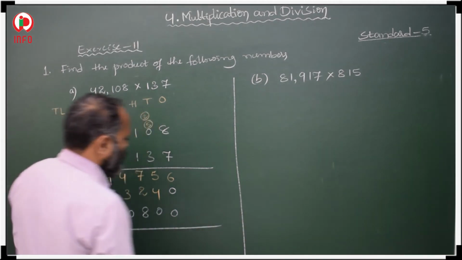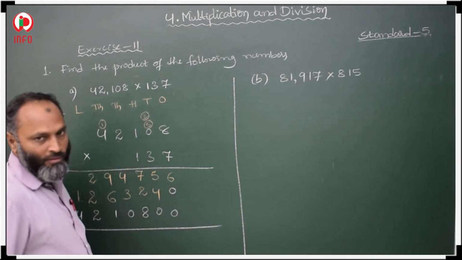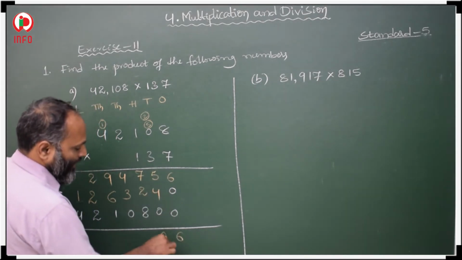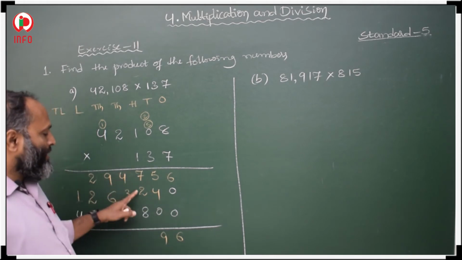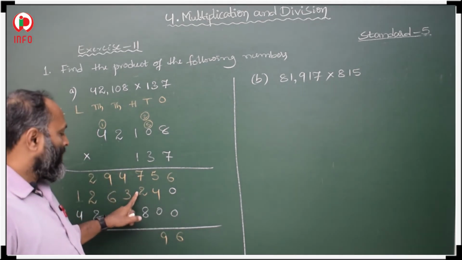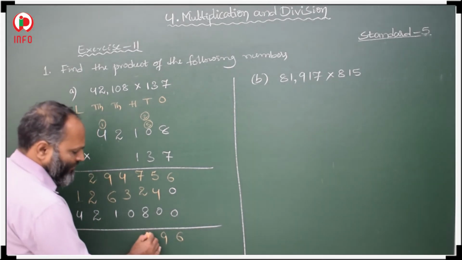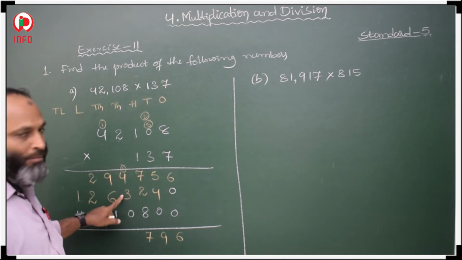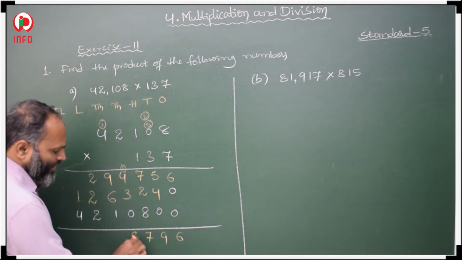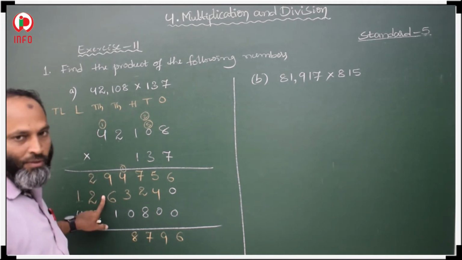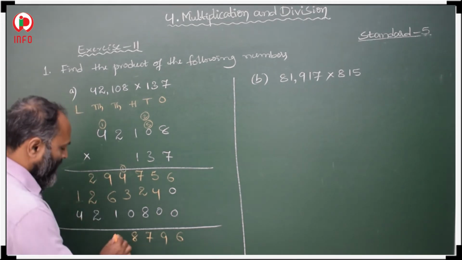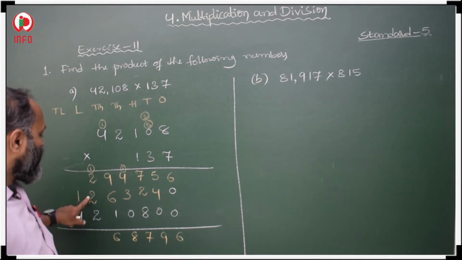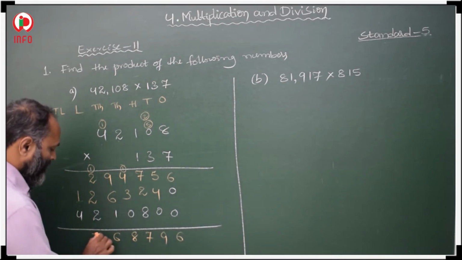Now add. 6 plus 0, 6, 6 plus 0, 6. 5 plus 4, 9, 9 plus 0, 9. 7 plus 2, 9. 9 plus 8, 17. 7 and 1. 4 plus 1, 5. 5 plus 3, 8. 8 plus 0, 8. 9 plus 6, 15. 15 plus 1, 16. 6 and 1 here. 1 plus 2, 3. 3 plus 2, 5. 5 plus 2, 7.